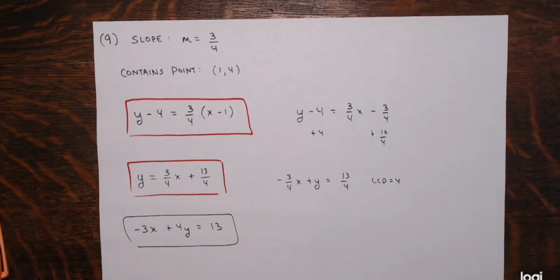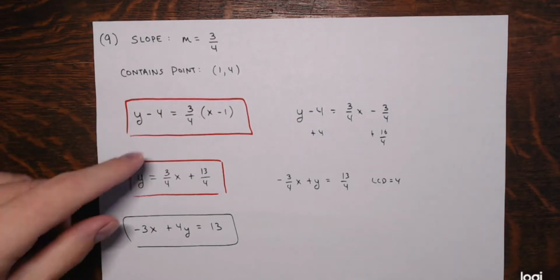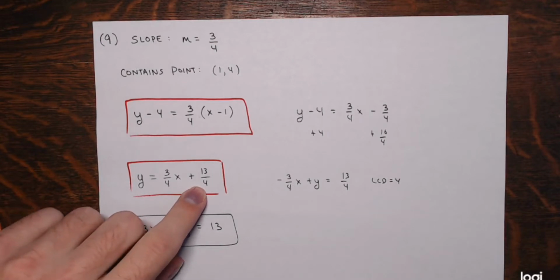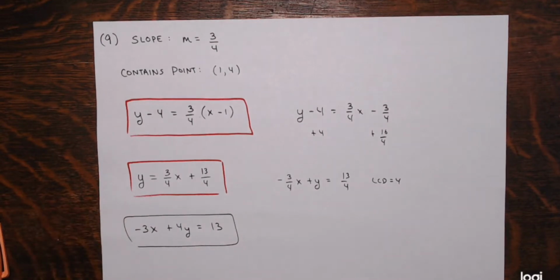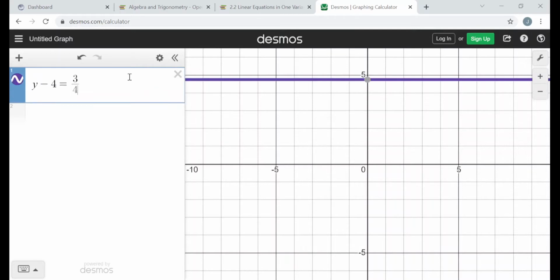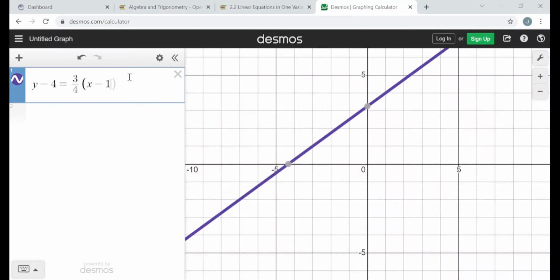And again, let me just pop all these in. We'll see the point (1, 4) is on it. We'll see the point (0, 13/4), so 3.25 is on it, and all that jazz. So y minus 4 equals 3/4 times the quantity x minus 1. And you see, look at this. See, (0, 3.25). The y-intercept was at 13/4.